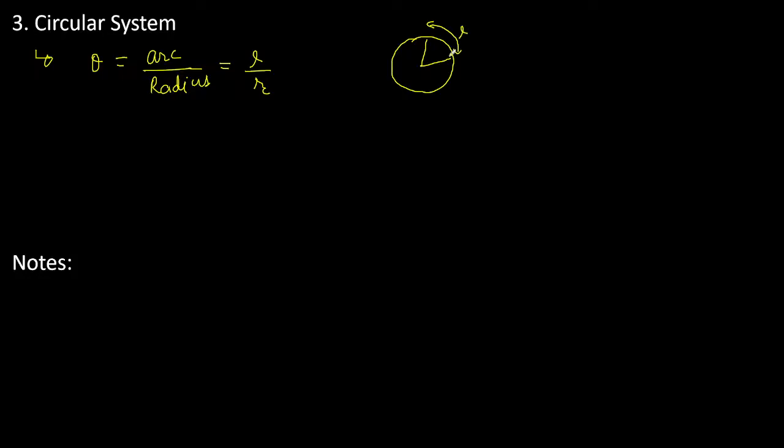Circular system. In the circular system, theta is equal to arc upon radius, which is L by R. If we have a circle, this is L, this is R, and this is theta.